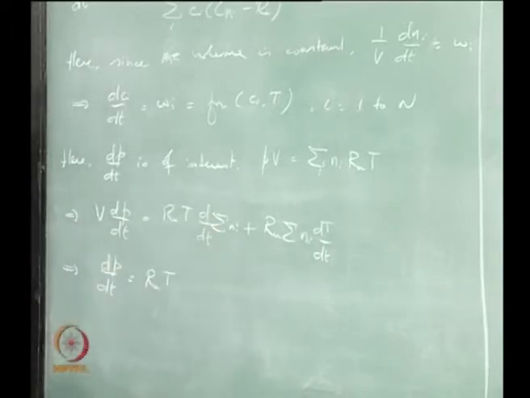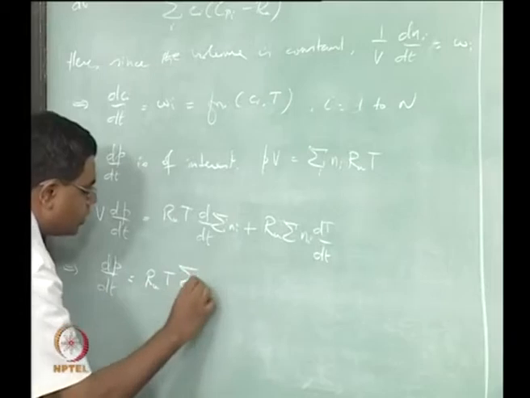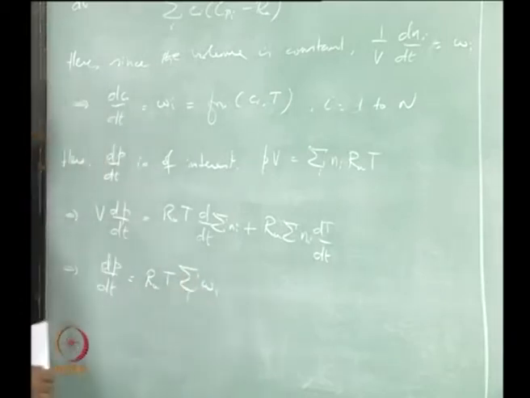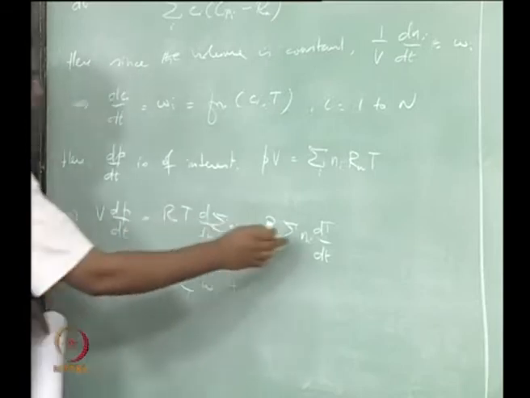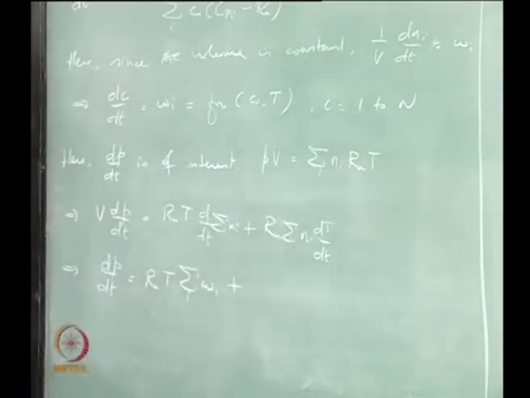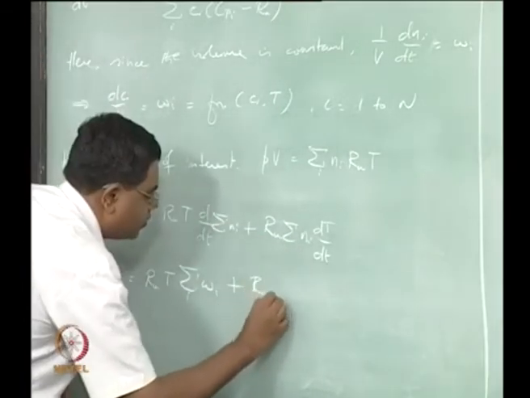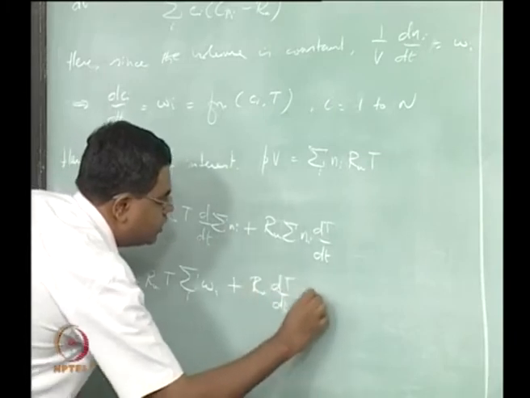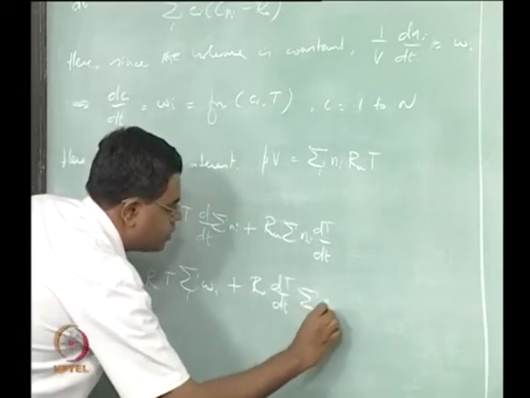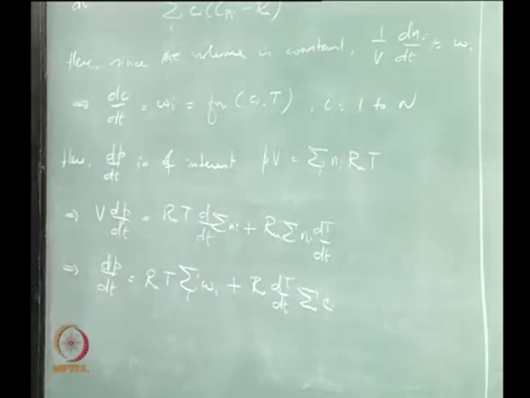So this gives you a sigma over i of omega i plus, you can pull out the dT/dt from the summation, get this volume over here, and then that becomes the concentration. So you get Ru dT/dt sigma Ci.